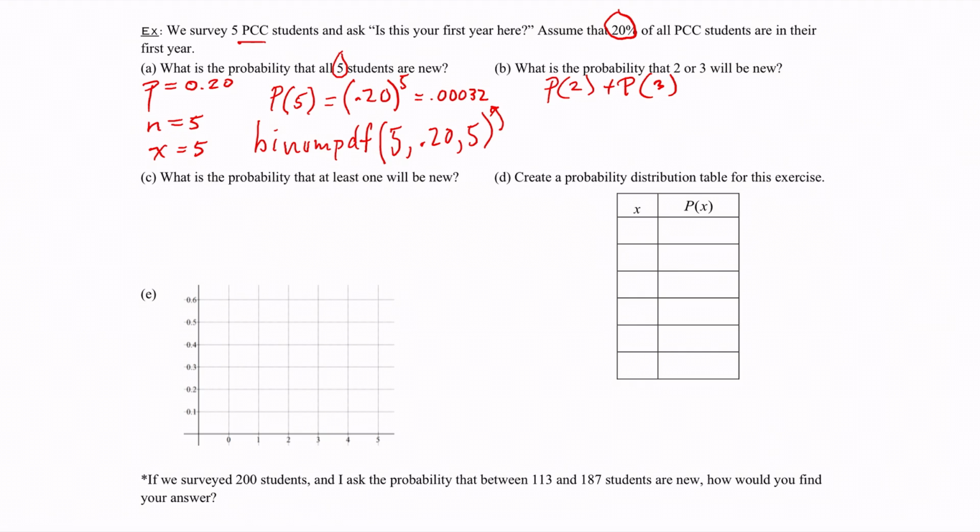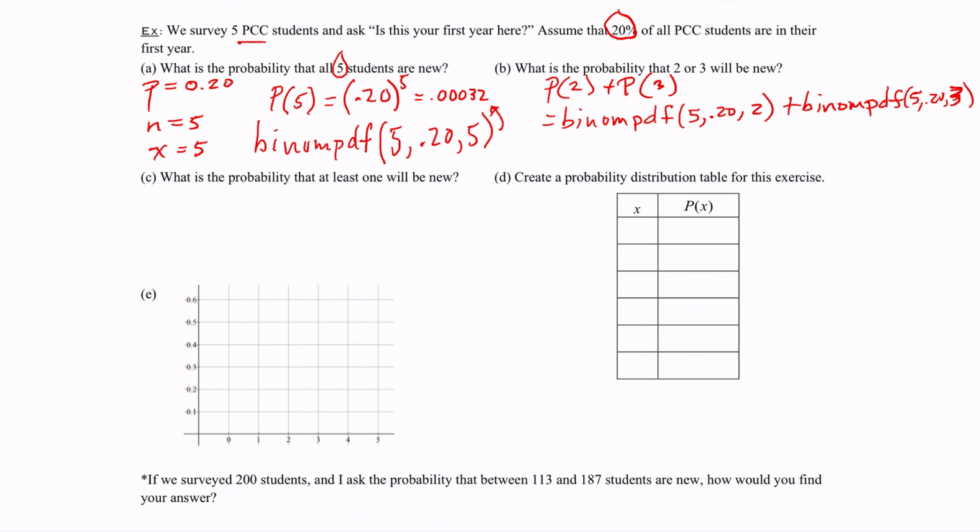And so we can use our binom PDF formula here. We'll have the binom PDF, 5 trials, 0.20 probability of success, and the first one we're looking for 2 successes, plus for the next one, the binom PDF, 5 trials, 0.20 probability of success, and we're looking for 3 successes.